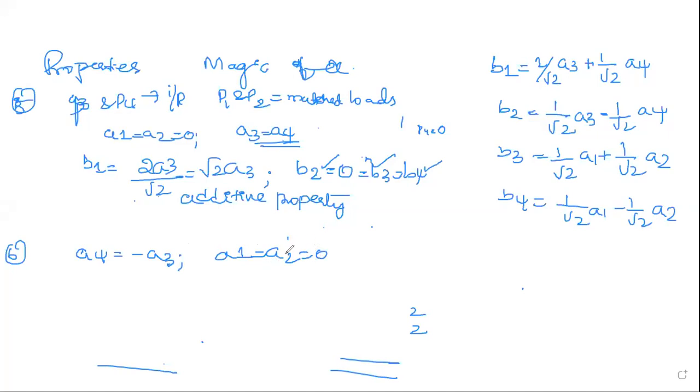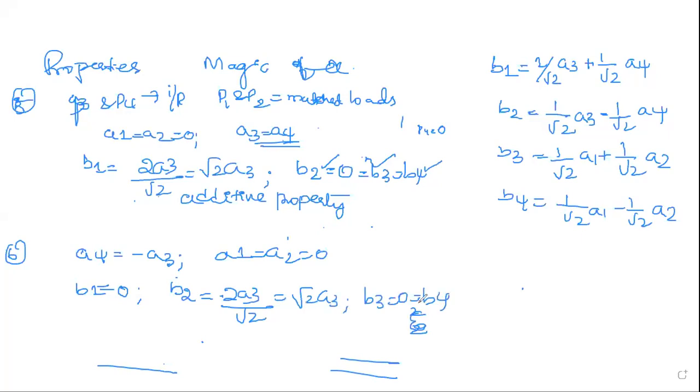If you substitute instead of A4, minus A3, what happens to B1? It will be 0. What about B2? It will be 2A3 by root 2, or root 2 A3. Similarly, B3 is equal to 0, and B4 also will be equal to 0.